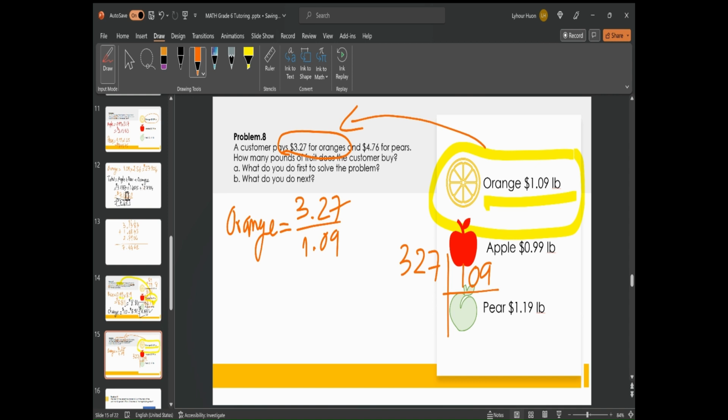How many times does 109 go into 327? 3 times 9 is 27, and 3 times 0 is 0, so it terminates in 0, right? So we will immediately get 3.